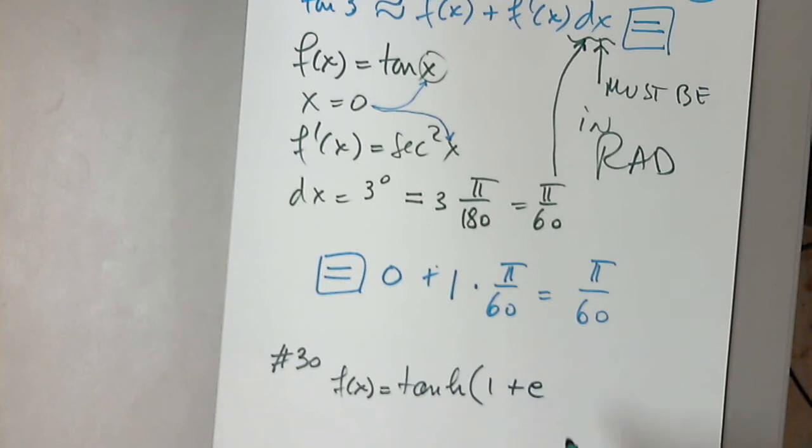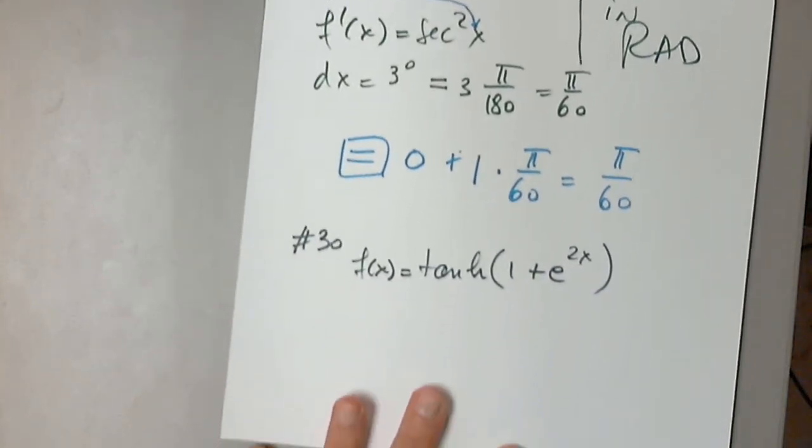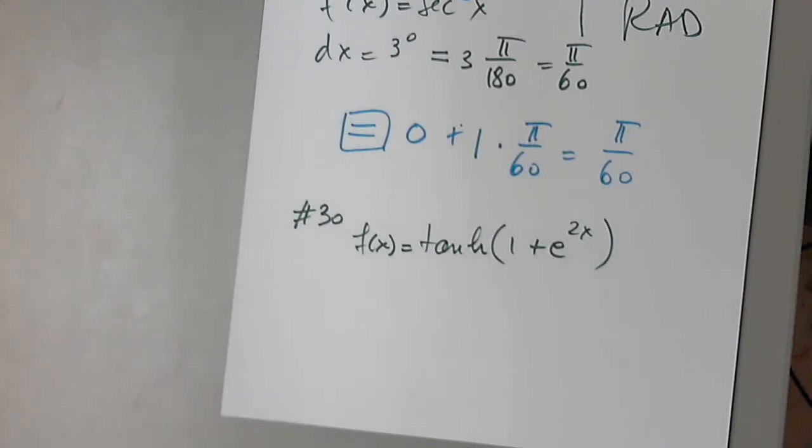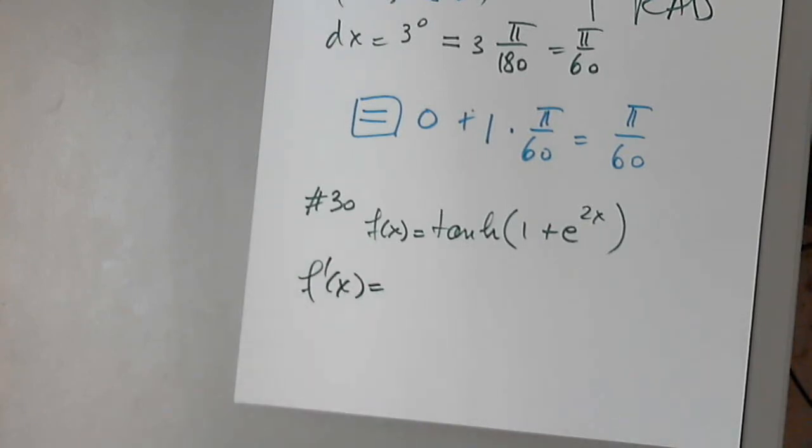e to 2x. It's something like this you have in mind? Sure, perfect. Okay, so we want to differentiate this function. Let's take a minute. So they're using the product rule, right?